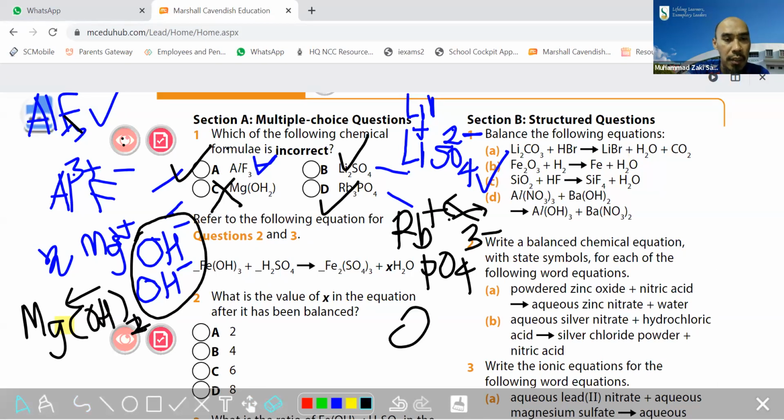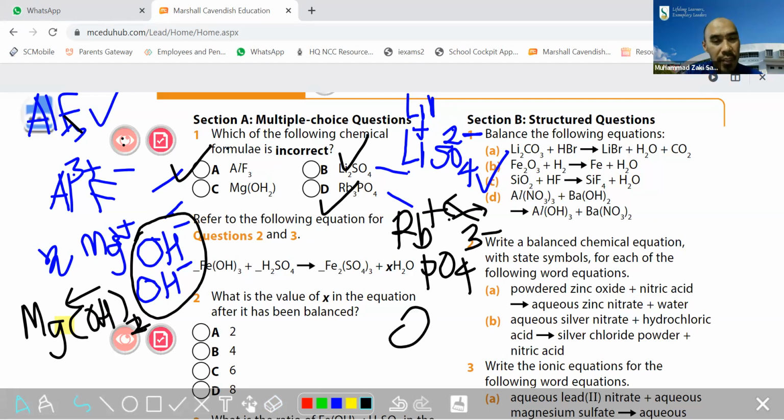Mg(OH)2 means the whole OH in the bracket is multiplied by 2. In the other one, the 2 only applies to the H, not the O. So this is an incorrect representation of 2 OHs. Got it?